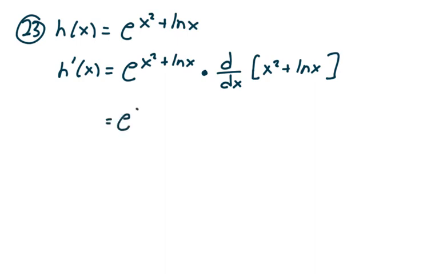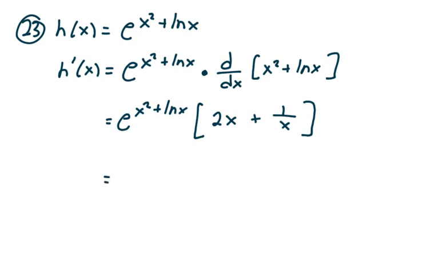And so this is e to the x squared plus natural log of x times 2x plus 1 over x. The derivative of x squared is 2x. The derivative of natural log of x is 1 over x.